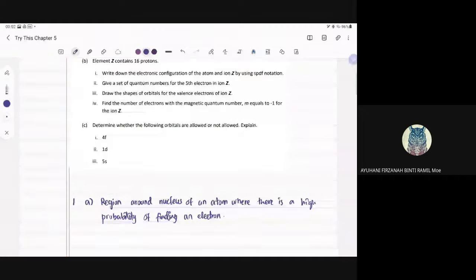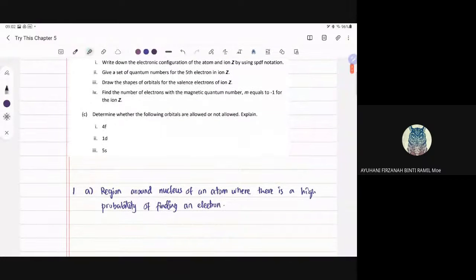Itu adalah definition dia. So the words that you need to have here is region around nucleus. Okay, ada high probability finding an electron. These are the keywords for the definition of atomic orbital.